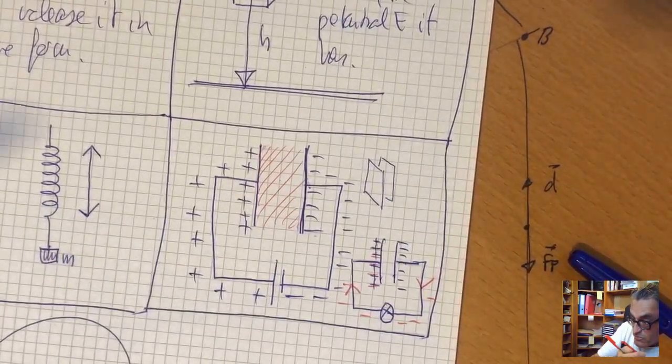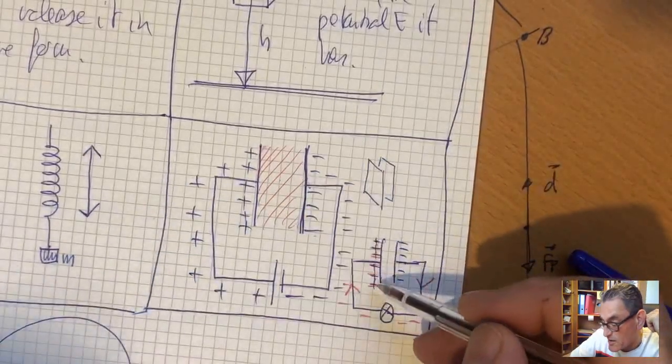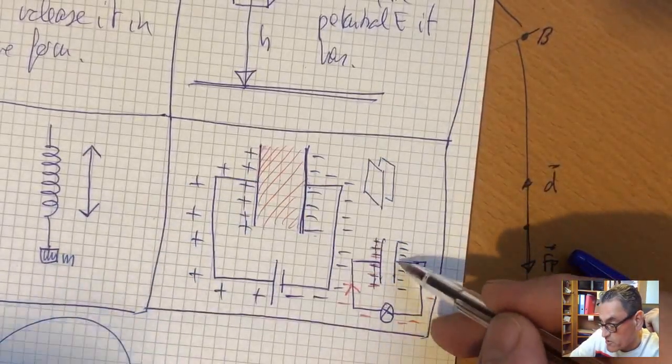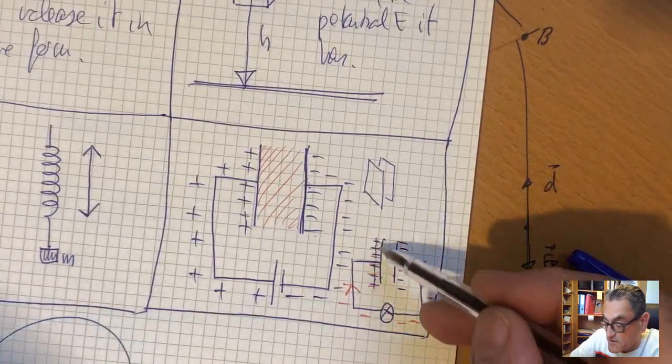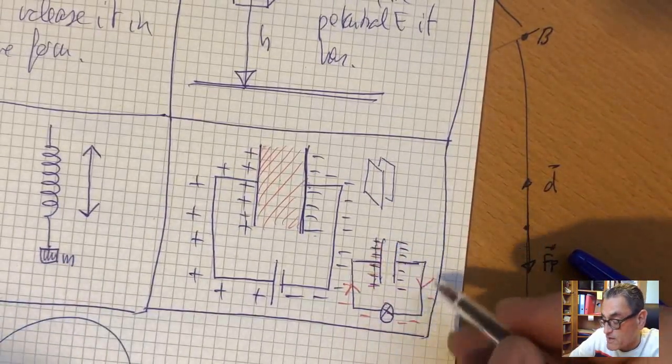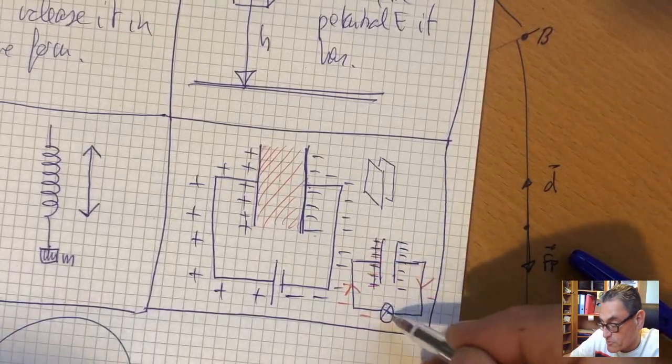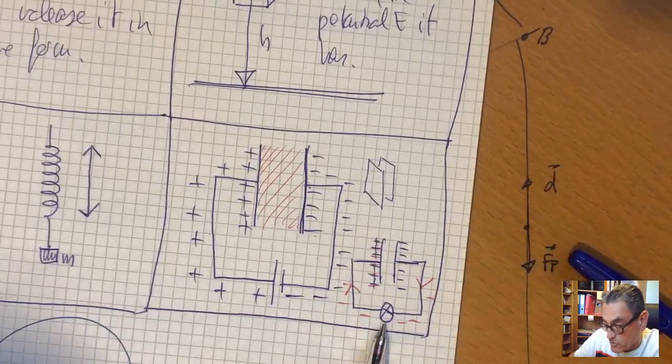It's not protons. Positive charges are electrons missing. So the electrons which are here are going to come to the other side, fill these holes, and the capacitor will discharge. But in discharging, it will produce a current, and that current is going to make the lamp bright.